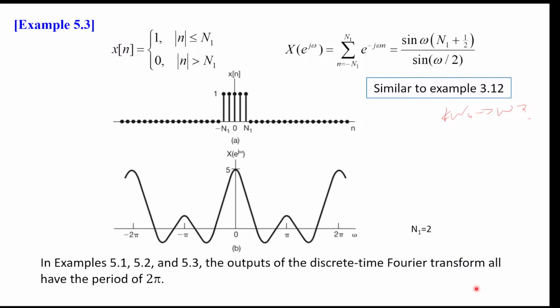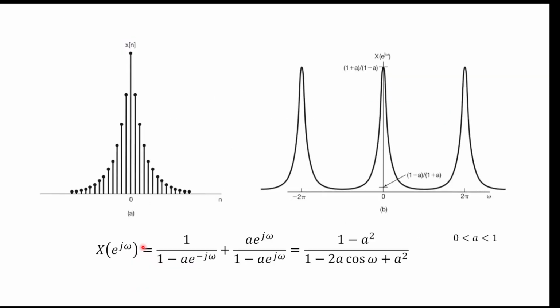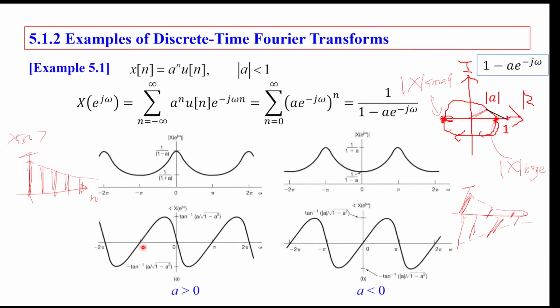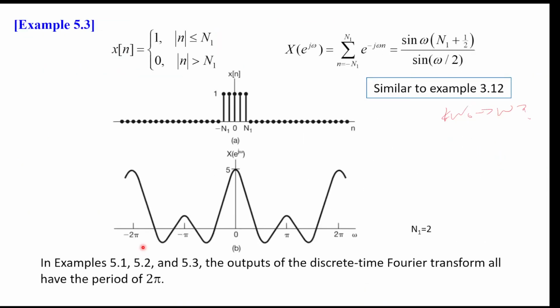As we can see, in all our examples the output has a period of 2 pi, and this is a property that is true for all big X for a discrete time signal.